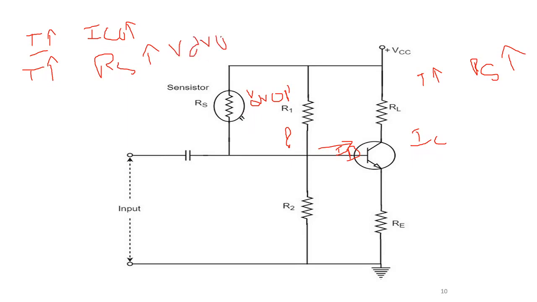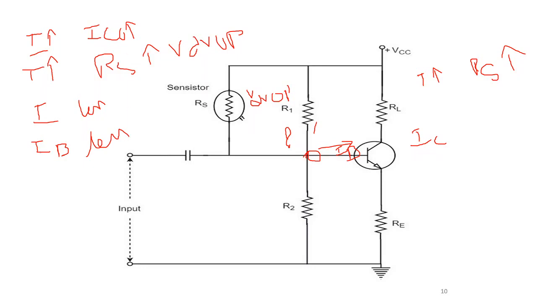Whenever the drop has been increased, the voltage at this node is going to be reduced. Whenever the voltage is less, the current flowing is also going to be less. So what is the current flowing in the terminal of B? IB is less, so IB is going to be decreased.